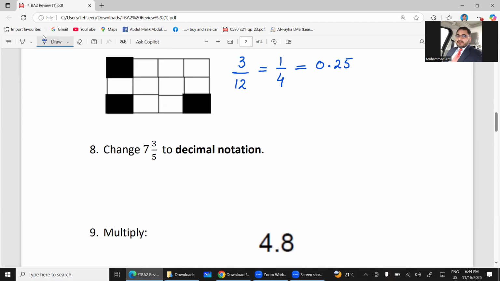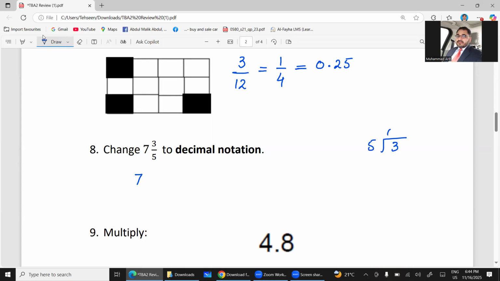Now, question number 8, change 7 and 3 divided by 5 to the decimal notation. As 7 is a whole number, no need to change. The proper fraction 3 by 5, we need to change to a decimal number. 3 divided by 5.